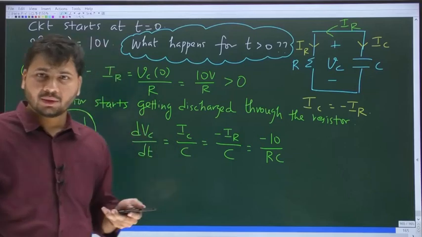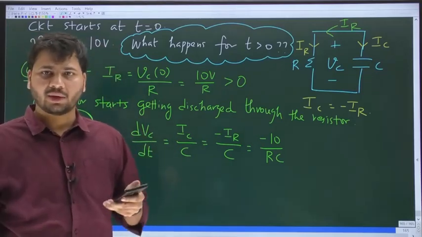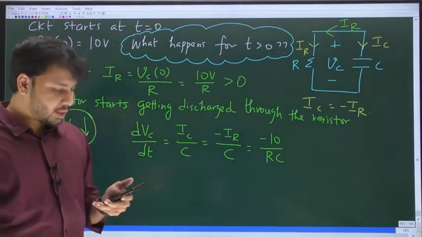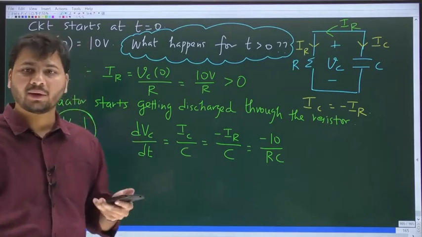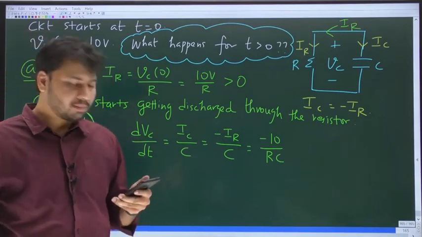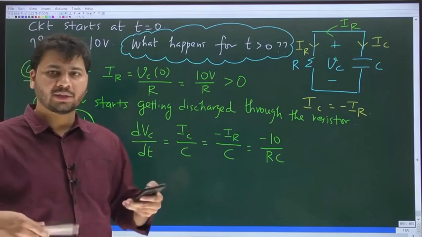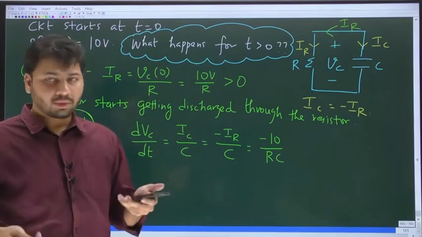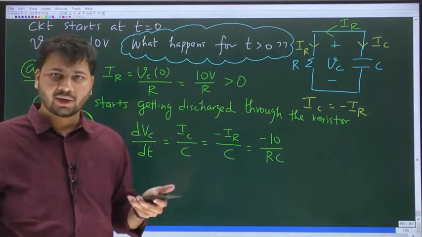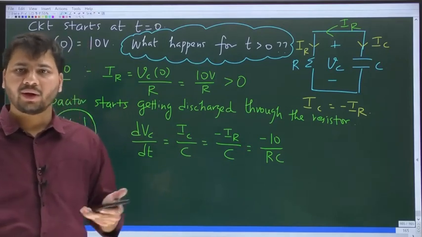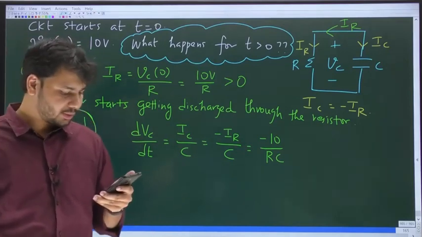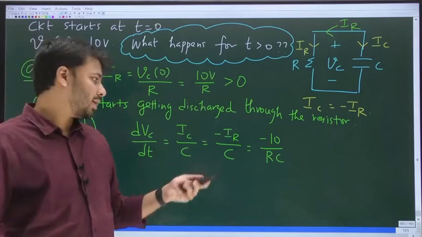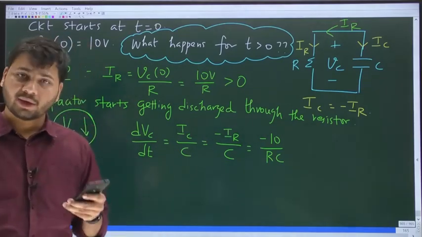I hope this simple point is clear. Rate of decay is 10 by RC. Rate of change is minus 10 by RC, because the rate of change is negative, which means it is decreasing, or there is going to be decay in the capacitor voltage. So for rate of decay, you should not include the minus sign in your answer.